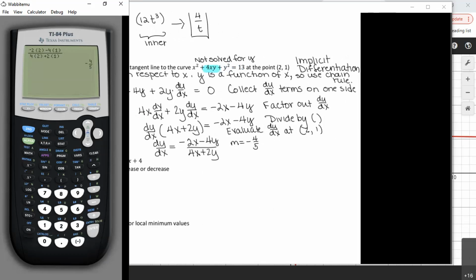Again, I have y equals mx plus b. So I'm going to put in my y value, my m value, and my x value. You can see what I need to do is add this quantity to the 1 over here. So I have 1 plus 4/5 times 2.